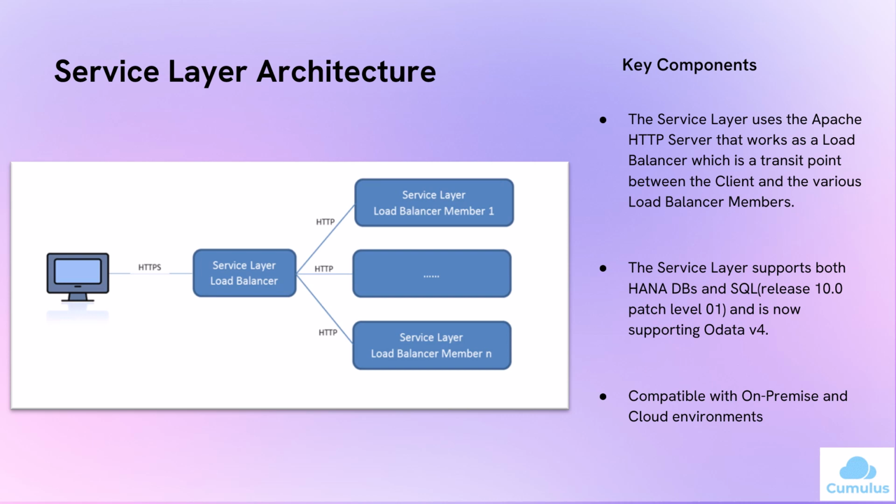So as you can see, the service layer is good for both HANA and SQL databases. Lastly, it's important to say that it really doesn't matter if you're running your SAP Business One in the cloud or on-premise, you can install and configure the service layer for both environments, so you're good to go.